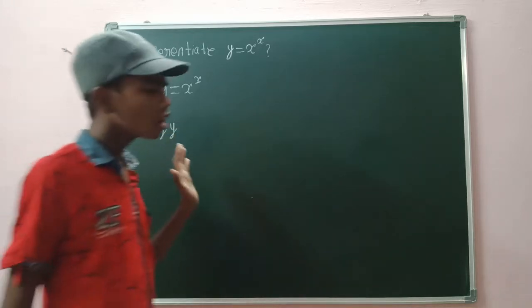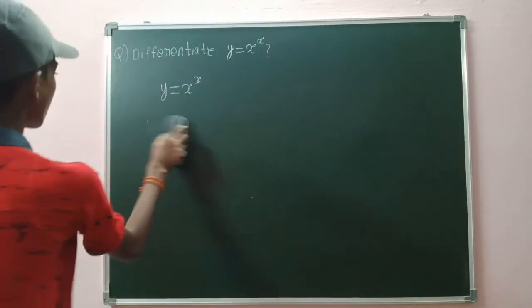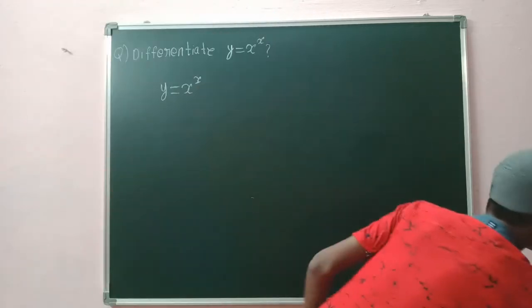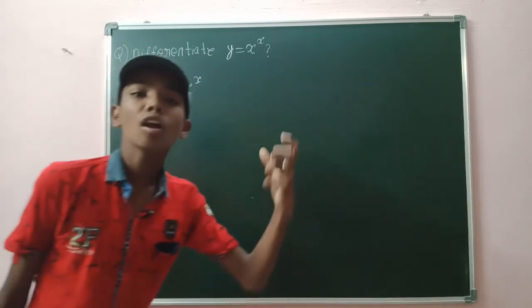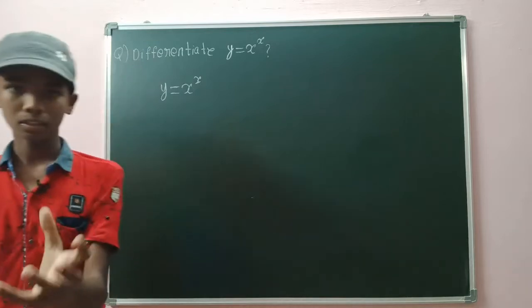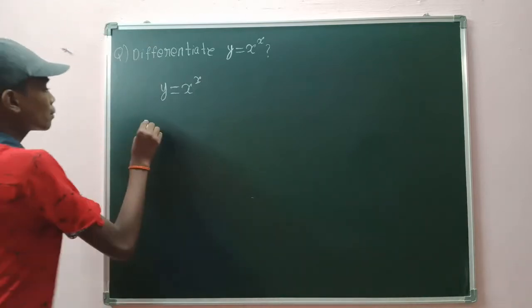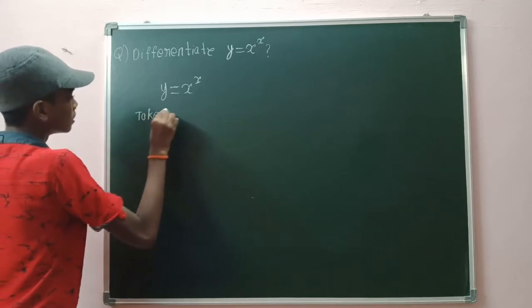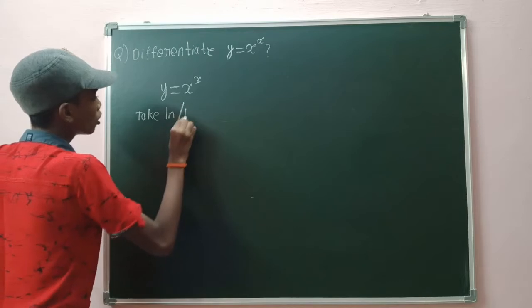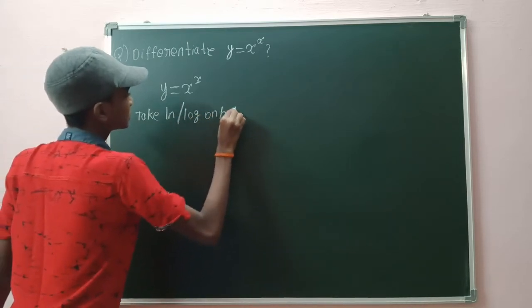You can take log, or otherwise you can take ln, no problem in that, because log and ln are almost the same, where in ln the log is to the base e. I hope you know that basic concept. So I will write the steps here. Take ln or log on both sides.